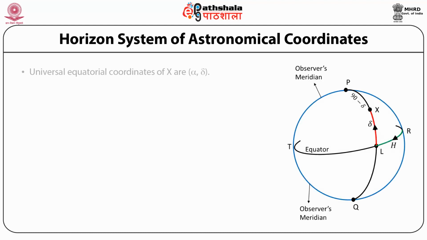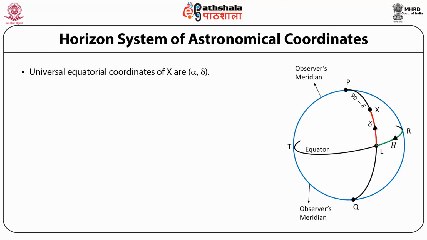Now let us look at the universal equatorial coordinate system. In this coordinate system, the fundamental great circle is the celestial equator and the reference point now is the vernal equinox, or the first point of Aries.